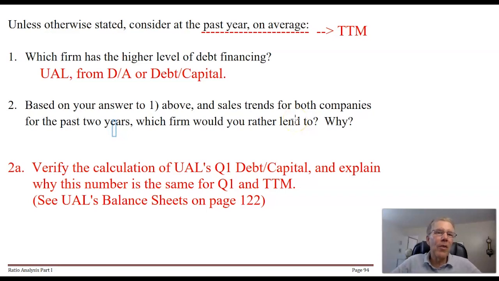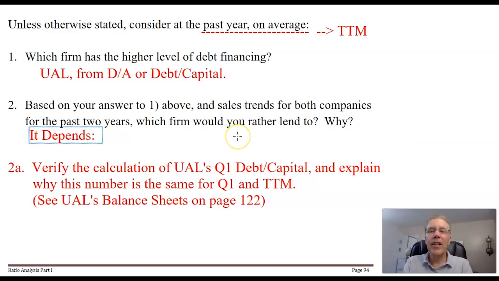So as we know, the more financial leverage gives you much more risk of bankruptcy. So the safer one to lend to is Southwest. Okay, so safer. So actually, before I even say safer, I'm going to give you the dread economist answer, which is it depends.